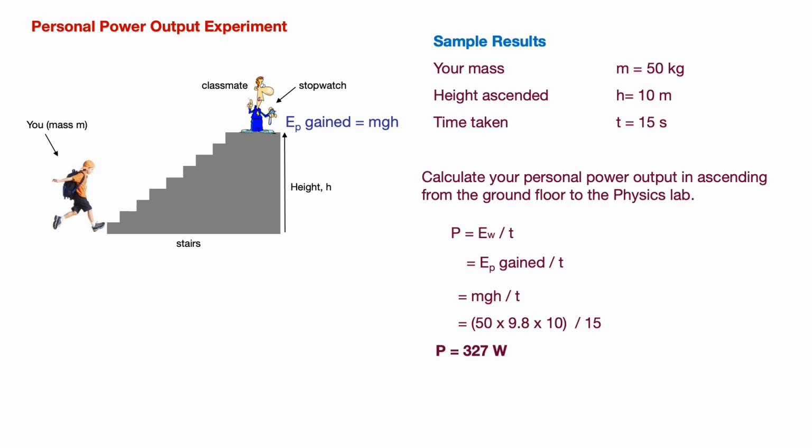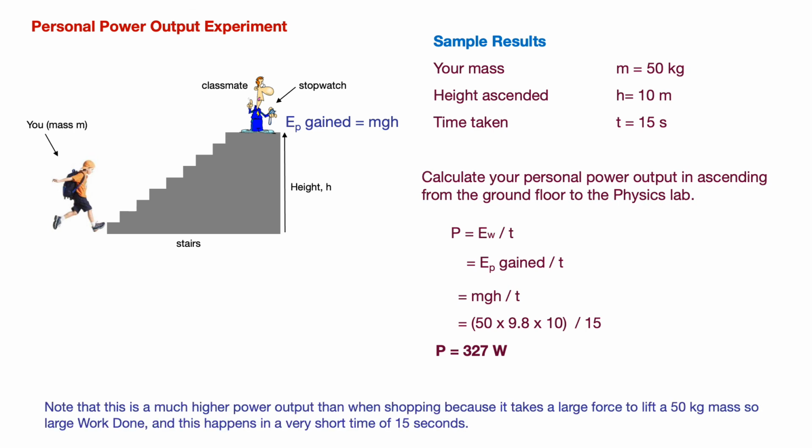And that's fairly typical for a pupil ascending 3 floors. Some do it with a slightly higher power output, some with lower. Note though that this is a much higher power output than when we were shopping. The reason for that is that it takes really quite a large force to lift a 50 kilogram mass.